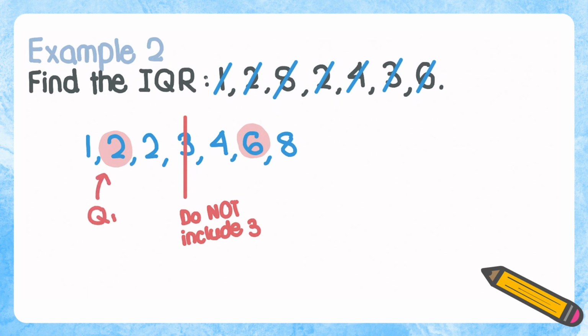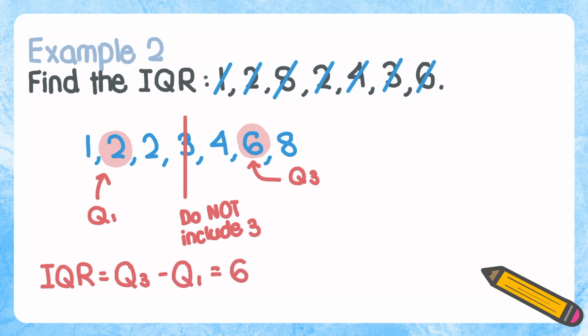So my first quartile is 2, and my third quartile is 6. And the IQR is the third quartile minus the first quartile. So 6 minus 2 equals 4. So the spread of the middle 50% of this data is 4.